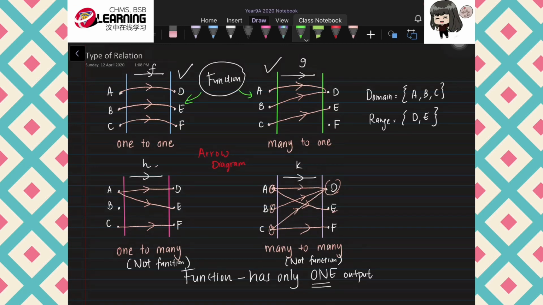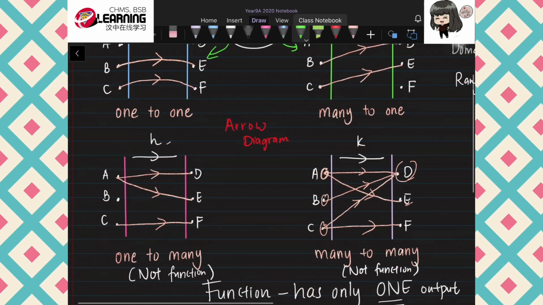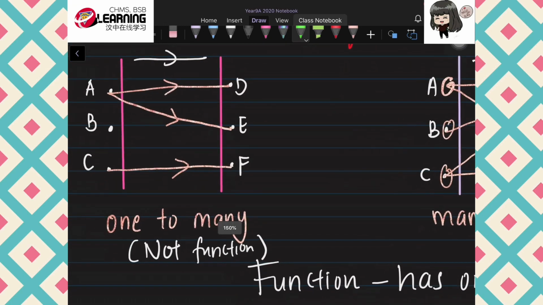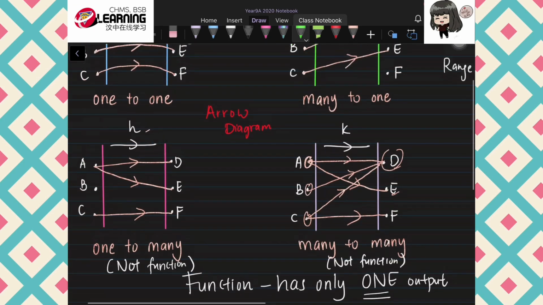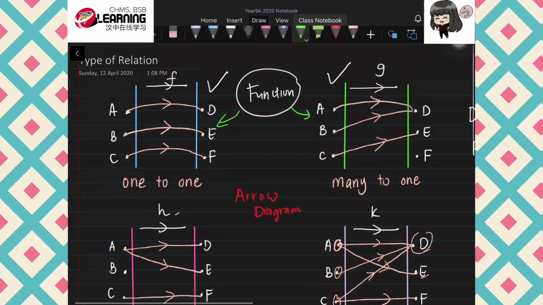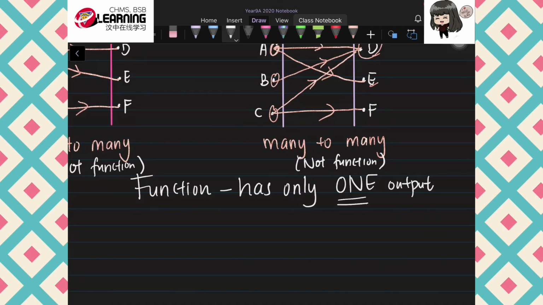The relations of H and K are not functions because they have many outputs. One to many and many to many are not functions, but one to one and many to one are called functions. Okay, so I can summarize this.